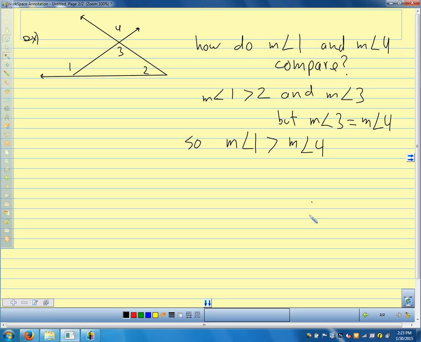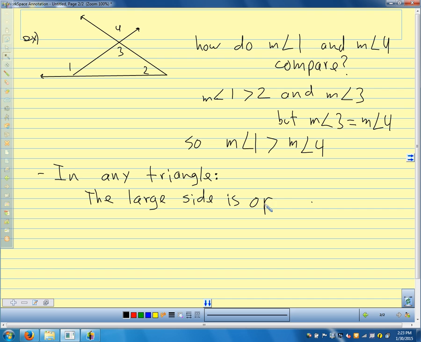All right, questions on that example? All right, another idea, another way we can talk about comparing parts of triangles. I'm going to say in any triangle, the largest side, I'm just going to say the large side, is opposite the large angle.